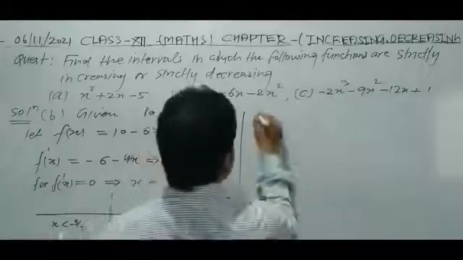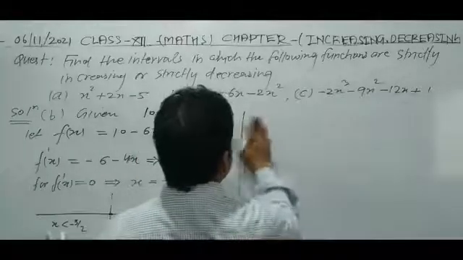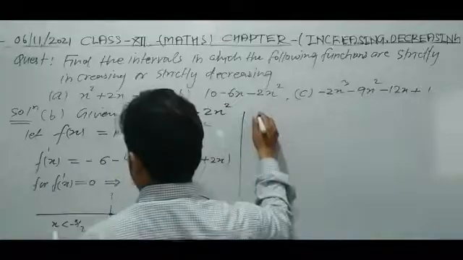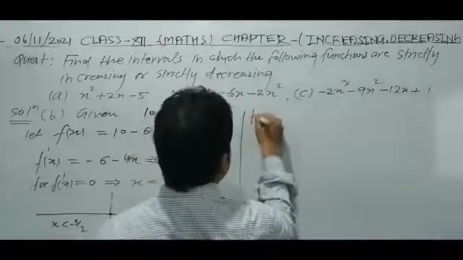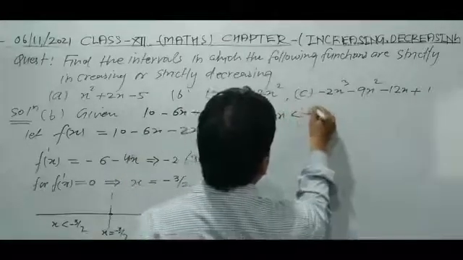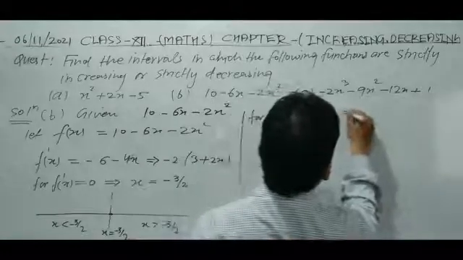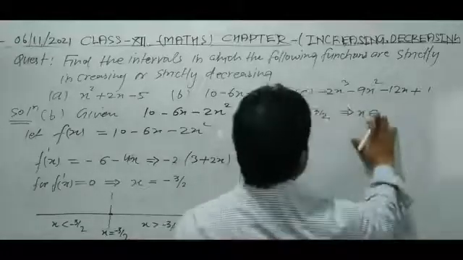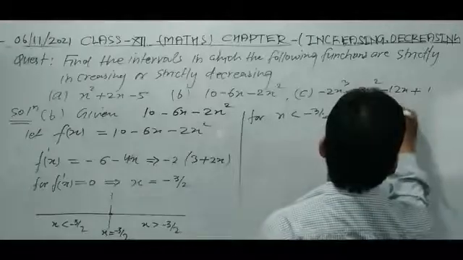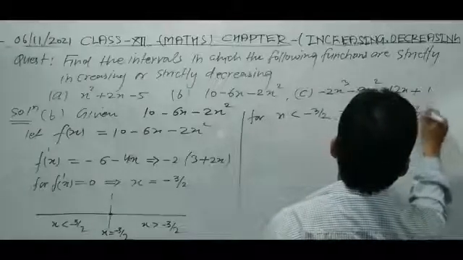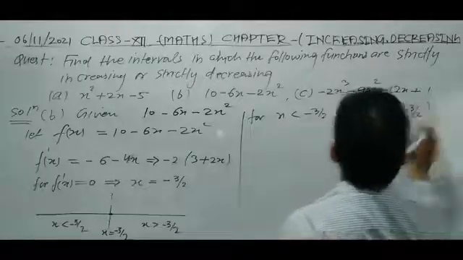First interval is for x less than minus 3 by 2, this implies x belongs to minus infinity to minus 3 by 2 in open interval.